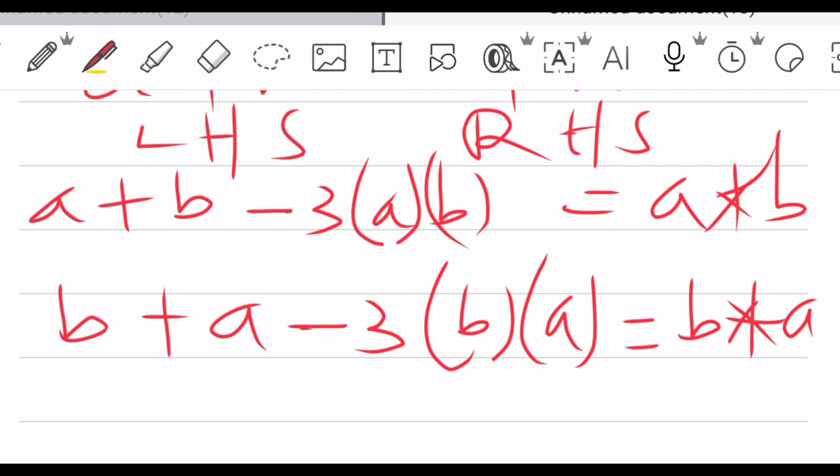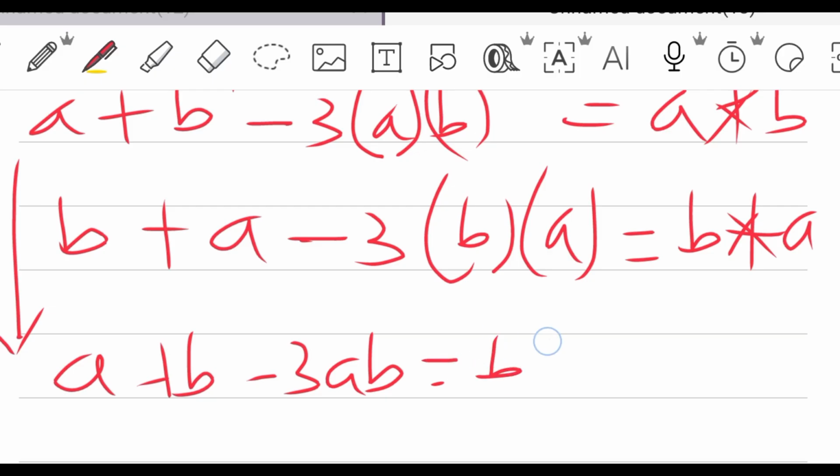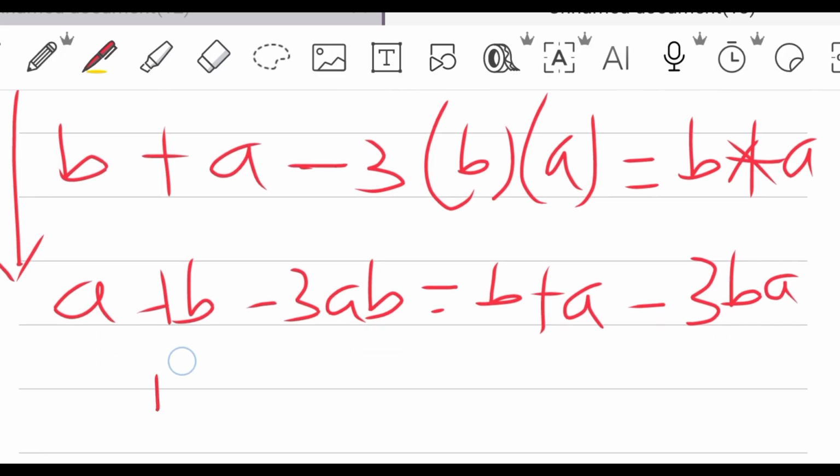Let's simplify and make them presentable. The left hand side is going to be A plus B minus 3AB. The right hand side is going to be B plus A minus 3BA. So we compare the left hand side to the right hand side.